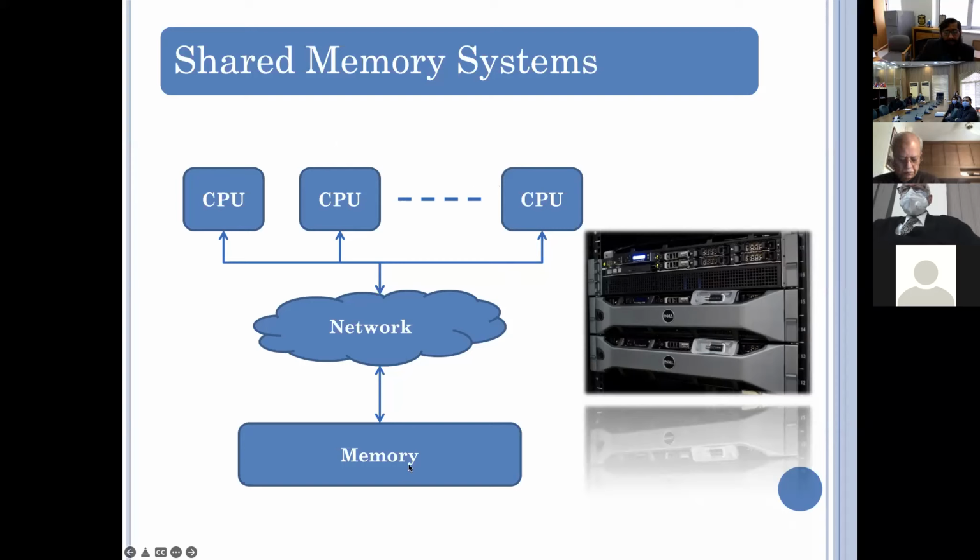Those are connected to your main memory using some network topology. That network topology can be anything. Like I have told you, for interconnection, you have seen the top 5 computers. They are using different kinds of interconnection. So here we can use any kind of interconnection.